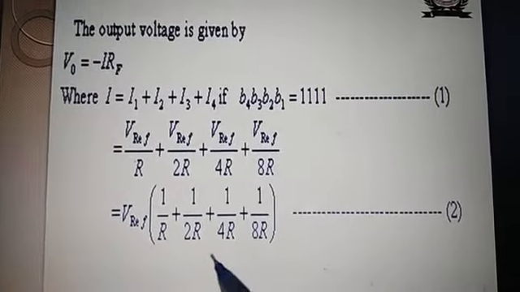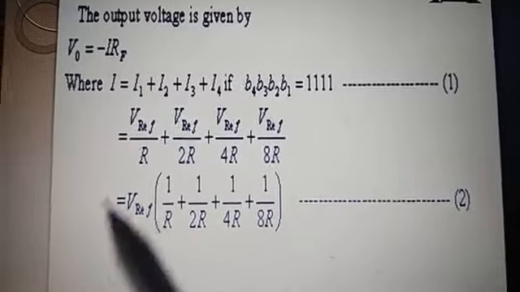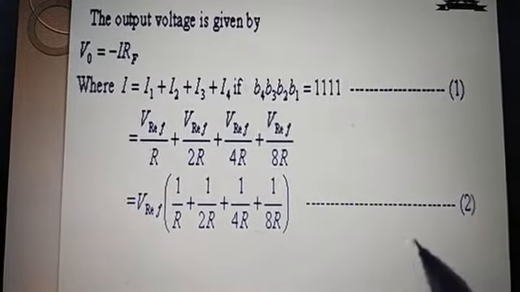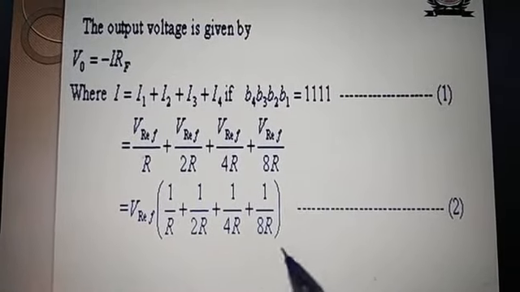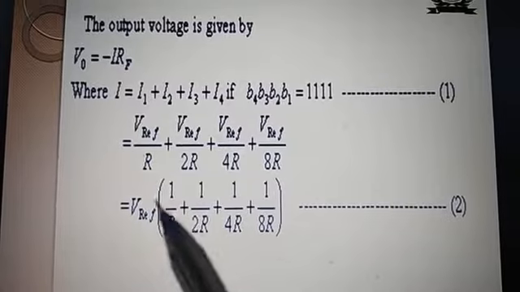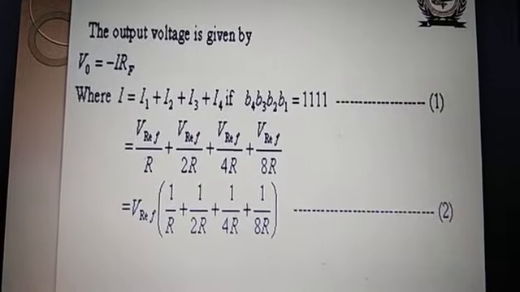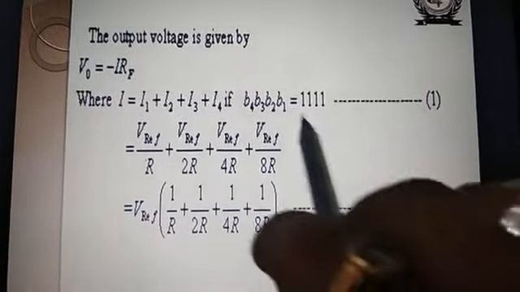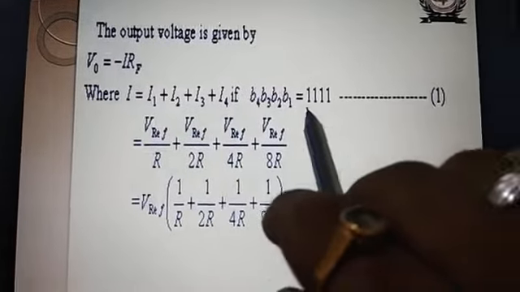So this is the value of I. So this I into RF will be the final output. In this way you can select the value of R and calculate the value of output voltage. So this is analog output converted from this digital input.